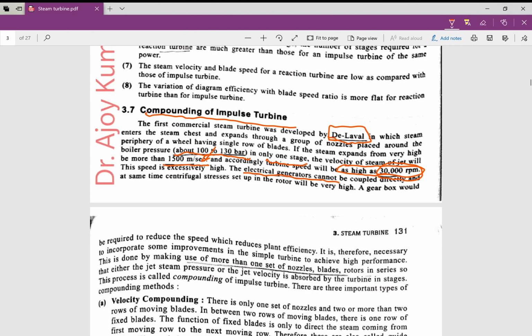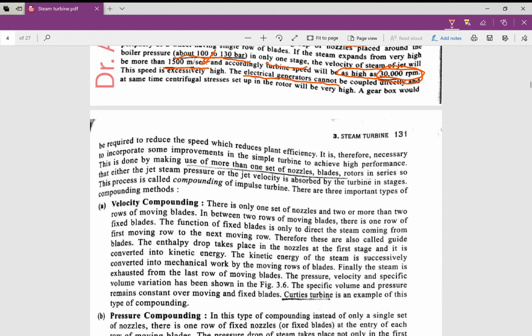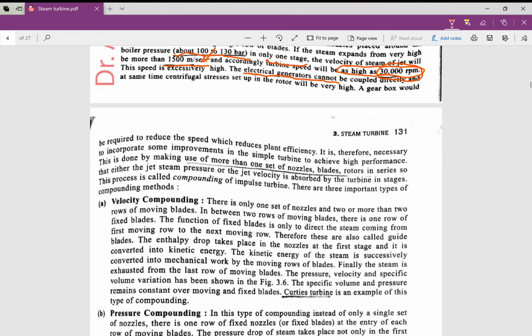It means we should decrease this speed with the help of a gearbox. But there is a problem in introducing a gearbox, and henceforth it was decided, why not, let us say, I am drawing a figure like this.